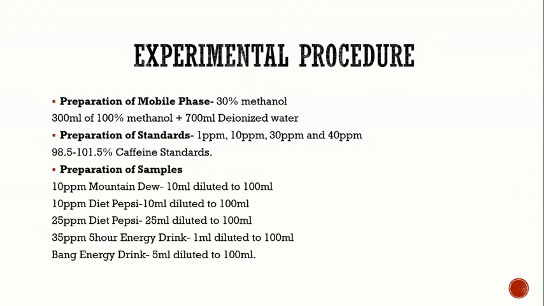For our samples, we needed 10 ppm of Mountain Dew, and to do that, we diluted 10 milliliters of Mountain Dew energy drink to 100 milliliters. And also for the Pepsi, we diluted 10 milliliters to 100 milliliters of water to make 10 ppm of Diet Pepsi.